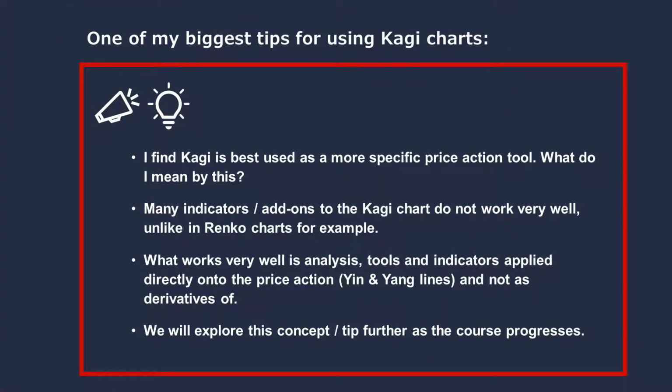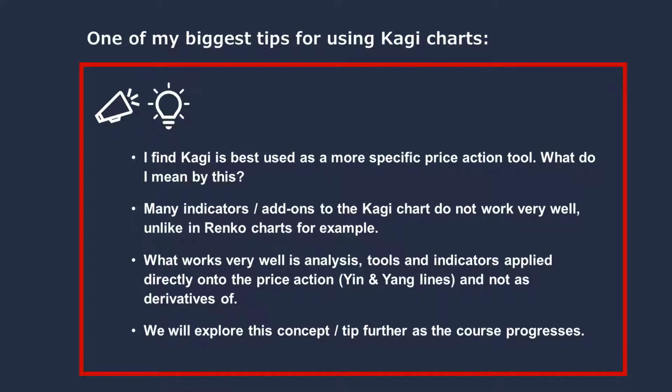Now this is one of my biggest tips for using Kagi charts. I find Kagi charts best used as a more specific price action tool. What do I mean by that? Well, many of the technical analysis indicators and add-ons that you can put onto other charts don't work very well when you try to put them on the Kagi charts, unlike Renko charts, for example.